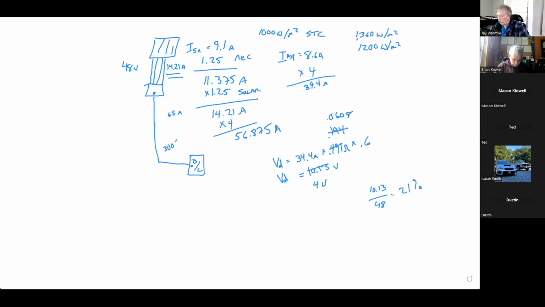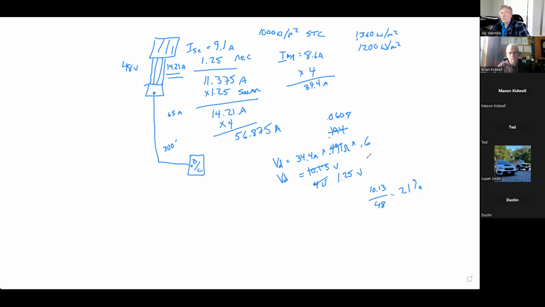So I'd go 34.4 times 0.0608 times 0.6, 1.25 volts. Divided by 48 is still 2.5%. So if I went with 4-aught wire, I'd be dealing with still a 2.5% voltage drop.